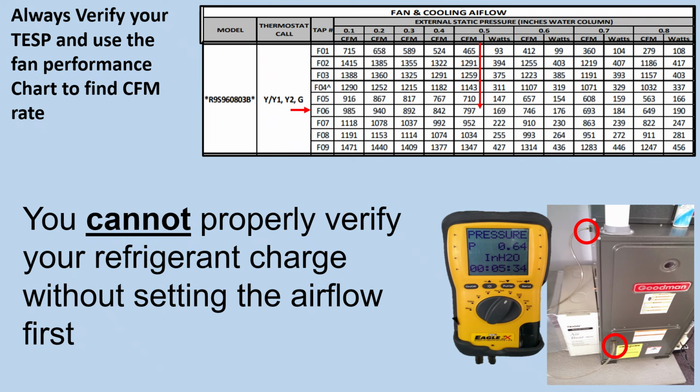But you can't properly charge any unit without setting the airflow first, because you can weigh your charge in, but if your airflow's off, you're still not operating at the efficiency, or the charge isn't set. So just keep that in mind. Always verify airflow. Anytime you're putting in a new system or changing out a furnace, make sure that you don't have a high static pressure problem or any of that, and also make sure that you're getting the airflow you need.